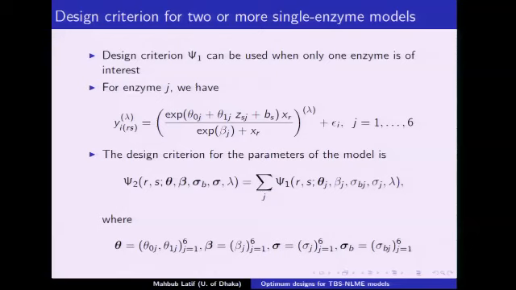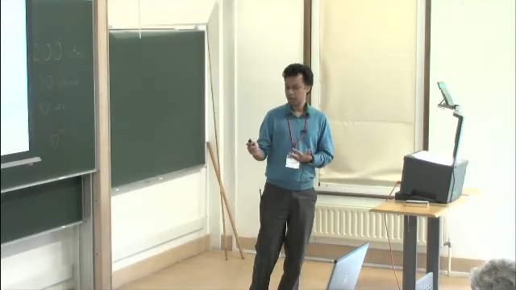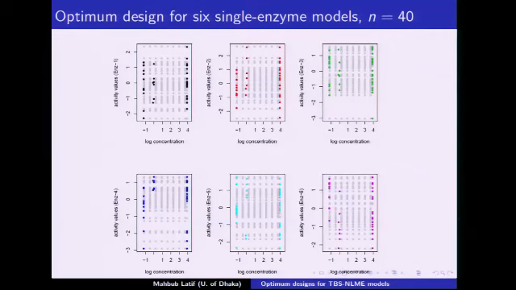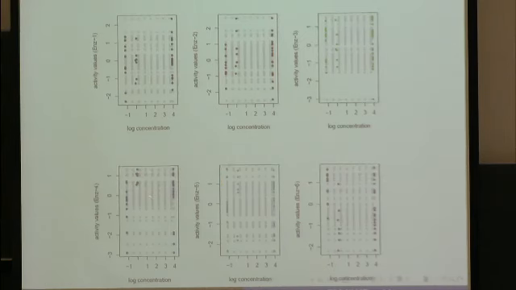So this is our design criterion, and this is the design, and this design is quite different from what we got for the single enzyme model. Here you can see there are some points which are not there, and especially in that design we have many points here, but there are no points in this region.